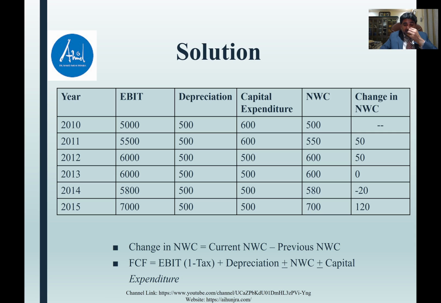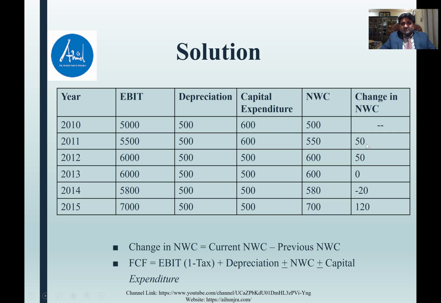It is important to understand: we are going to calculate free cash flows. Just keep in mind the definition: cash flows which are available to distribute among debt providers or equity providers, after meeting the business requirements.